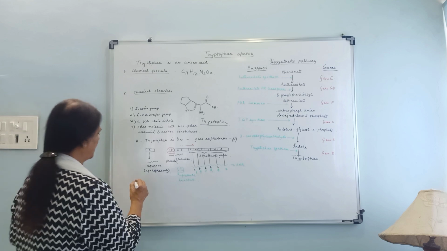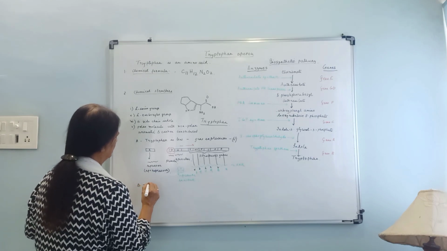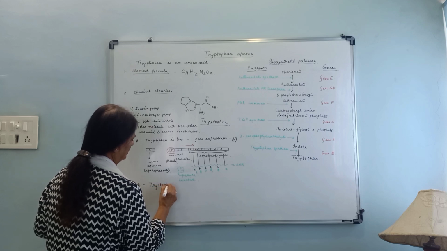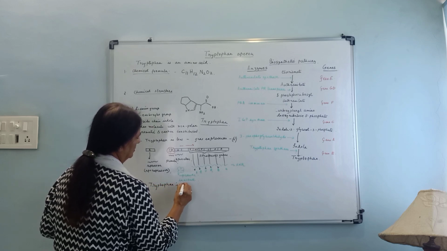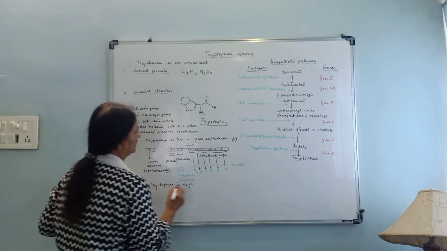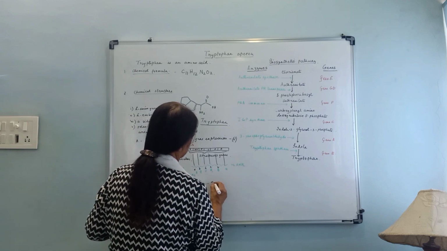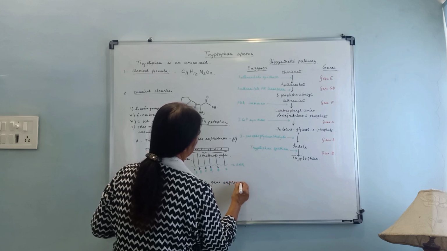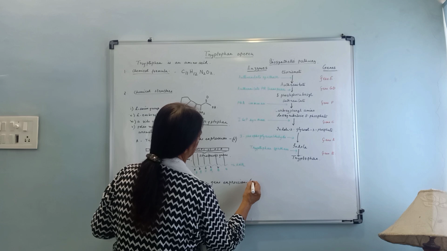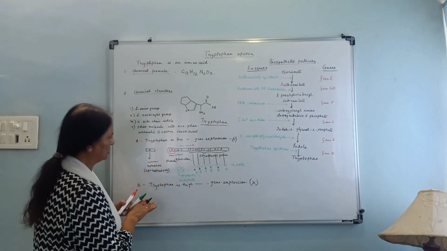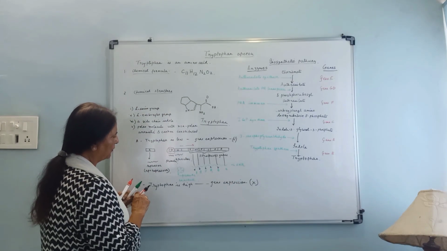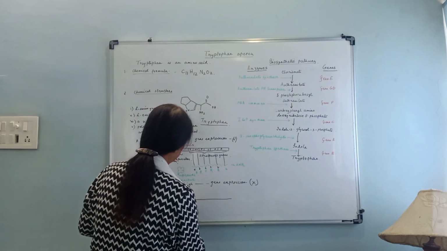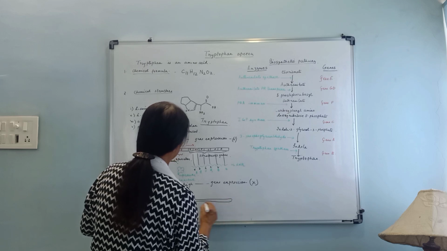But when the tryptophan is high in the medium, the gene expression is shut down. No gene expression is taking place, and it is shut down, and the tryptophan itself acts as a co-repressor.